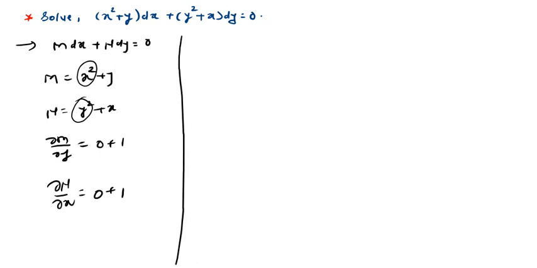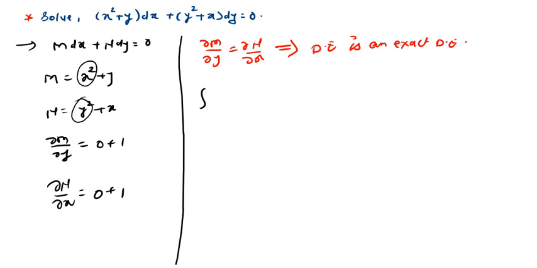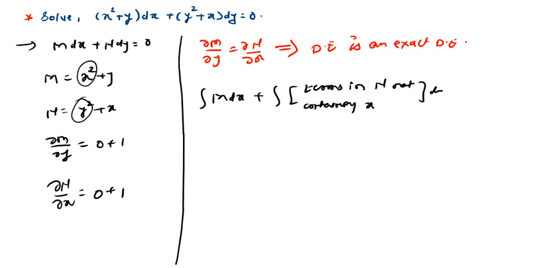As they are equal, we can say ∂M/∂y equals ∂N/∂x. This implies the given differential equation is what? An exact differential equation. Now, once the given differential equation is exact, we can find its solution just by finding the integration of M dx and the integration of terms in N not containing x, dy equal to constant.